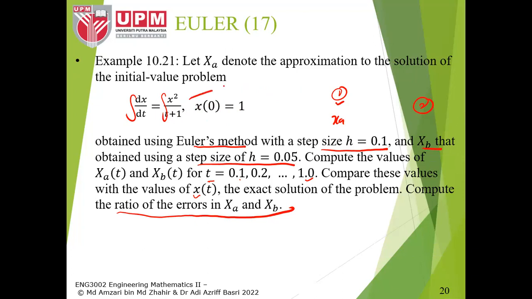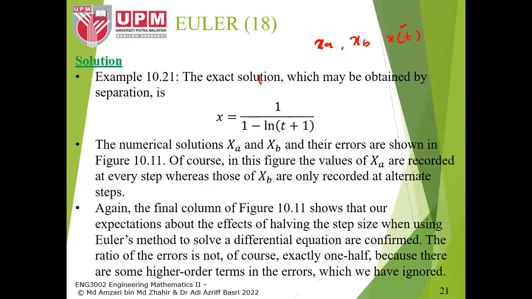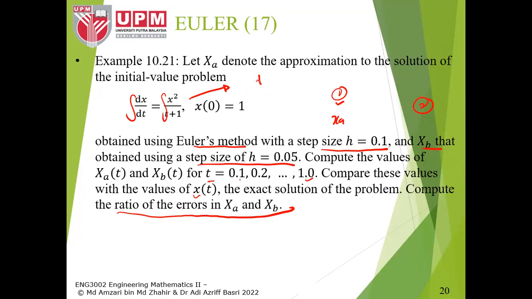So this one becomes dx over x square is equal to dt over t plus 1. Just to remind, most of you made a mistake in your test.